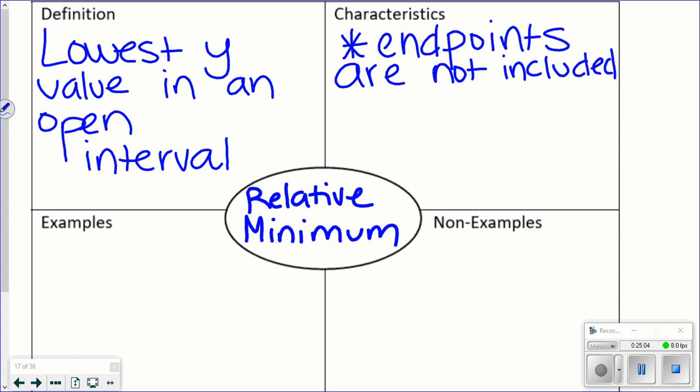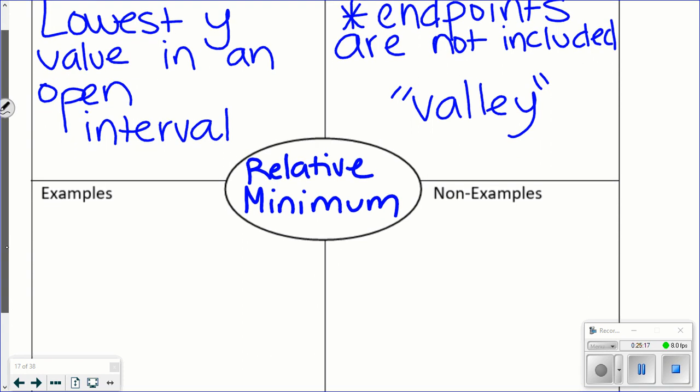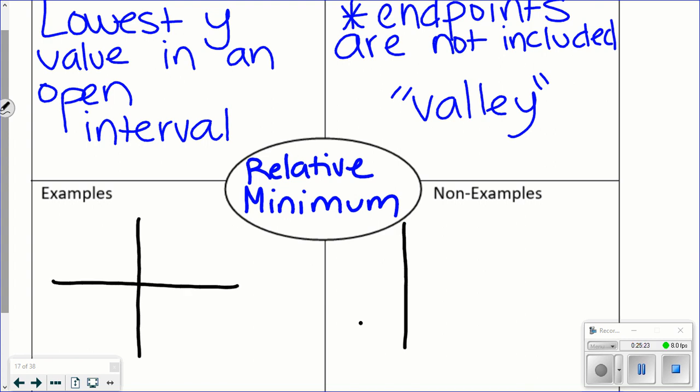And when I look at my graph, I look for a valley or a U shape. So let's say I have a graph that looks like this.